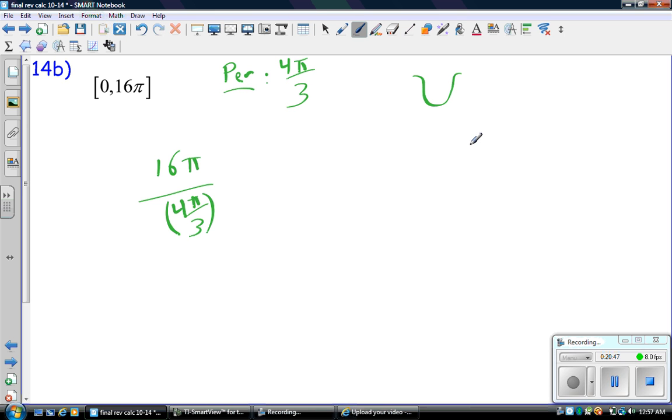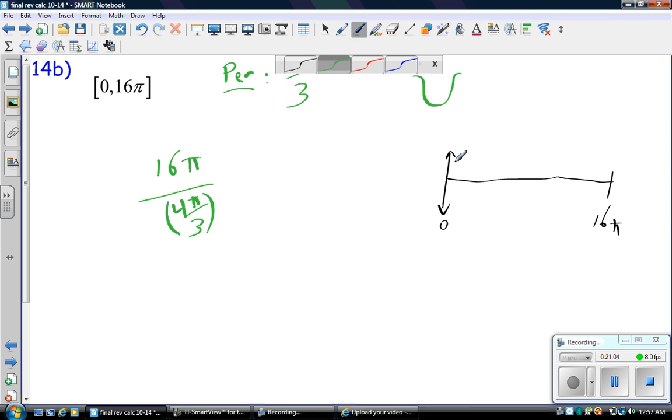If I was looking at the x and y axis, and here's 16 pi, obviously here's 0, I'm wanting to know how many of those happen in this interval, so I just divide.